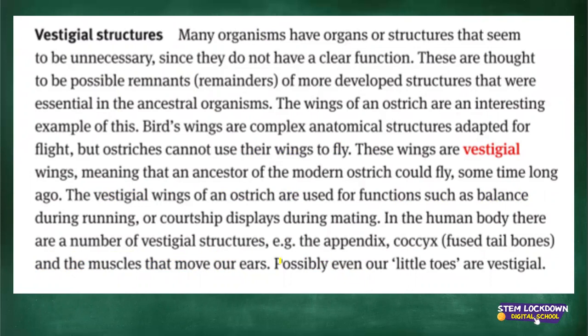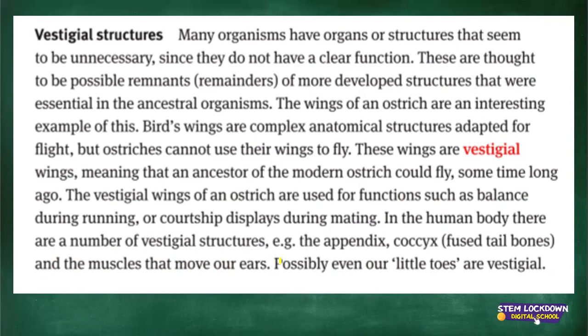Then vestigial structures. Many organisms have organs or structures that seem to be unnecessary since they do not have a clear function. These are thought to be remnants, the remainders of more developed structures that were essential in their ancestral organisms. The wings of an ostrich, for example. The ostrich doesn't fly, yet it has those wings.